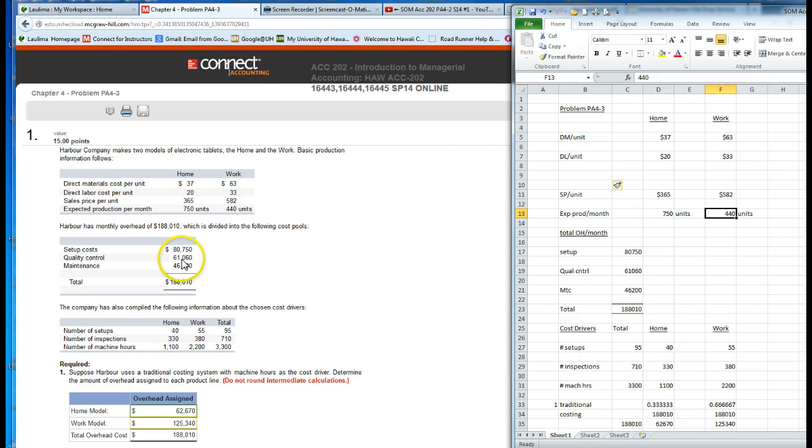What ABC does is basically provide a better methodology for allocating overhead costs to products. Because just as we did in chapter 2 with jobs, I think you recall that your overhead is kind of a big lump or a big chunk of manufacturing costs.